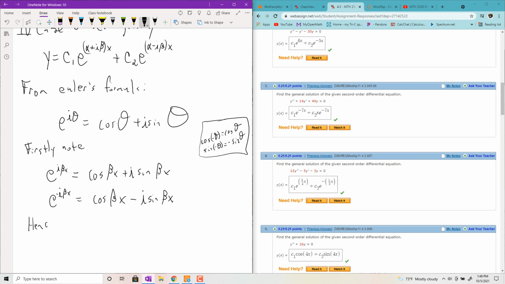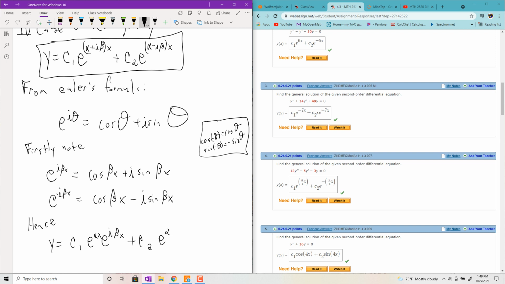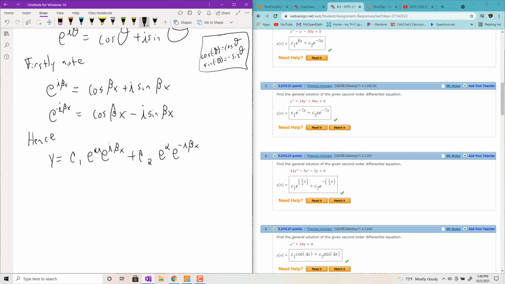Hence, we could rewrite our solutions. This general solution here, we can rewrite as y equals c1 e to the alpha x, e to the i beta x, plus c2 e to the alpha x, e to the negative i beta x, and then we could rewrite this.